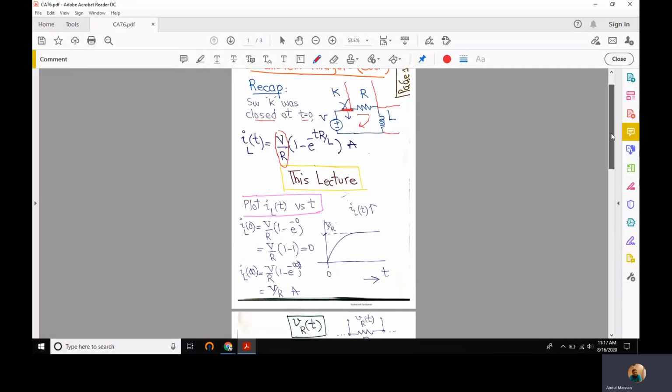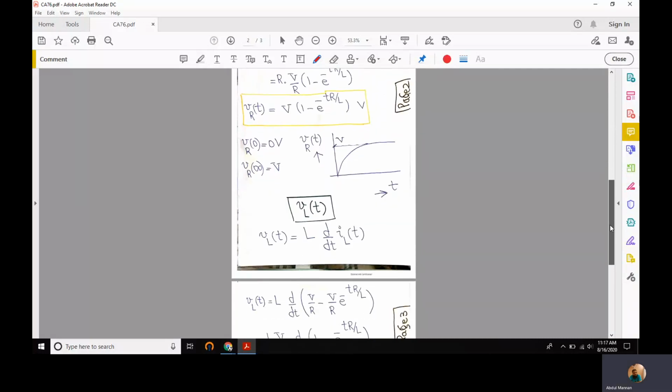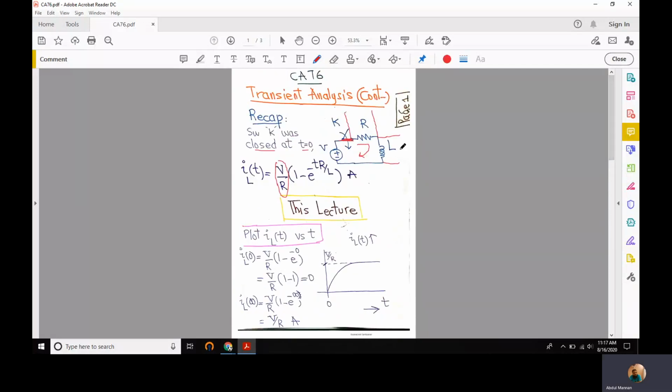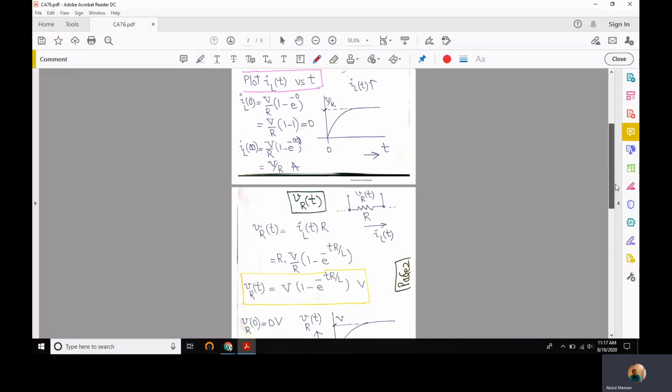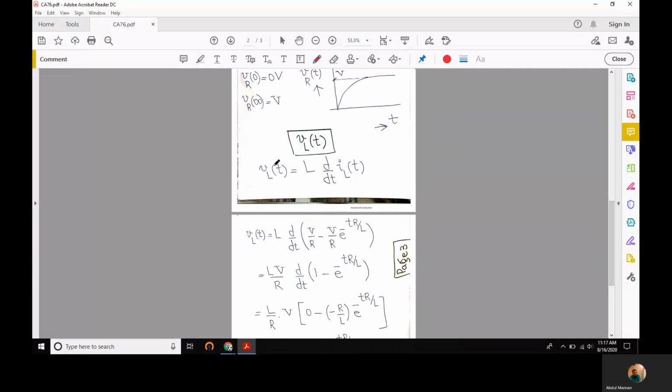The last thing that we have to compute in this lecture is the voltage drop across the inductor, V sub L of t. This voltage can be computed using the derivative relation we studied a couple of lectures before. V sub L of t is L times the time derivative of the current.